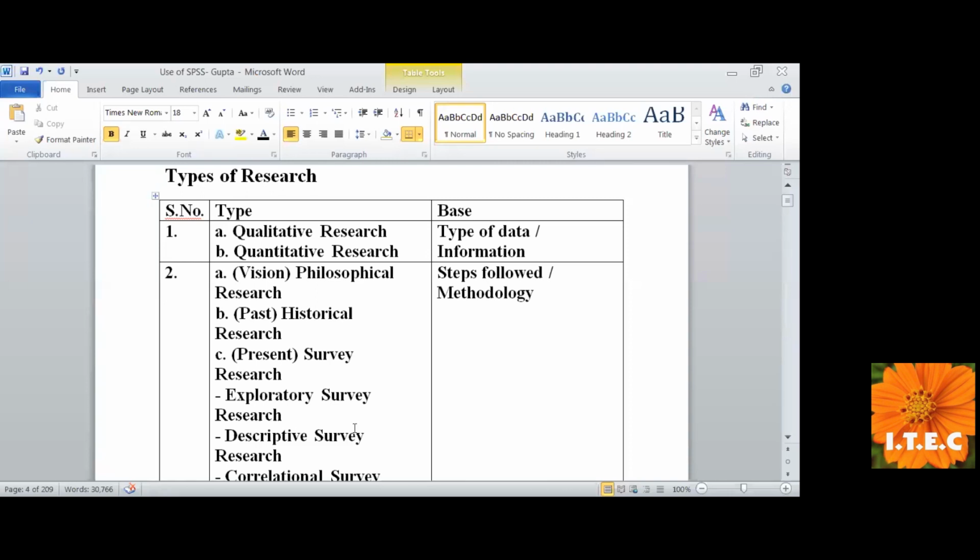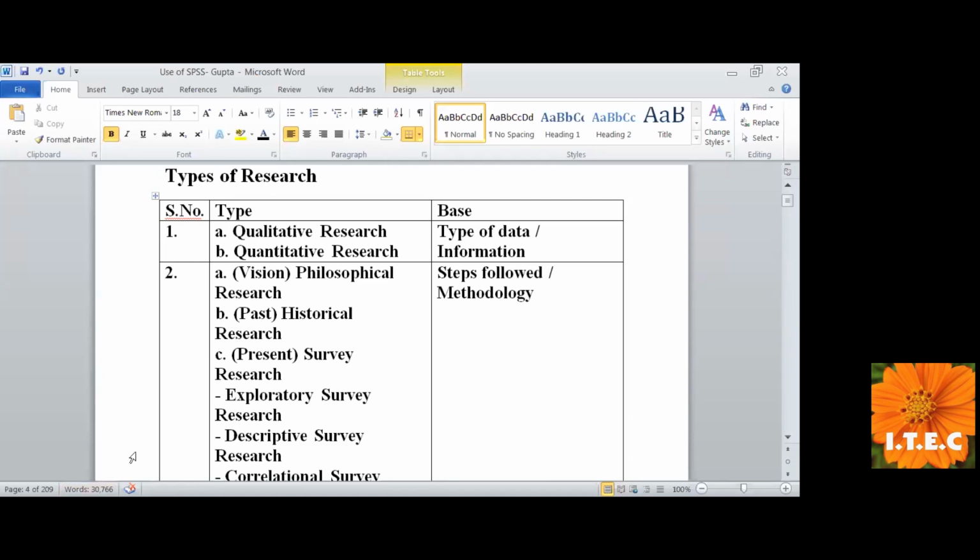I repeat, the formulation of hypothesis as a second step of research will not be in philosophical research, historical, descriptive survey, and case study. The formulation of hypothesis will not be the step in qualitative research.